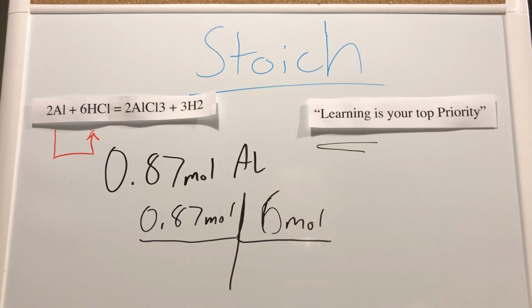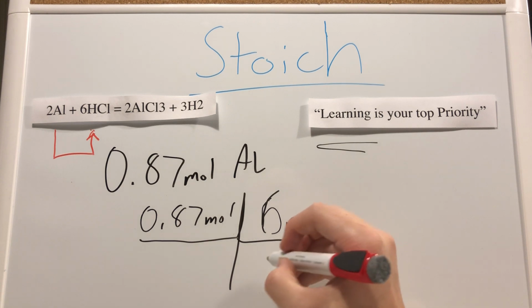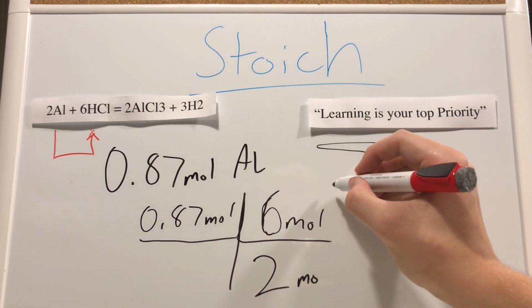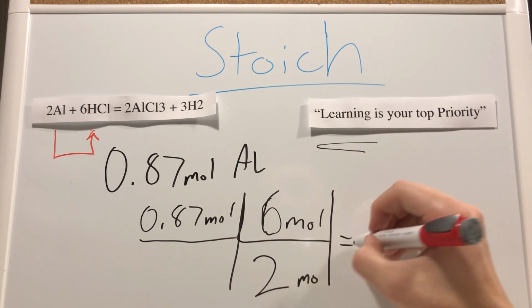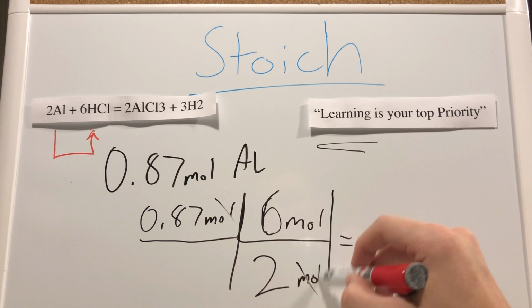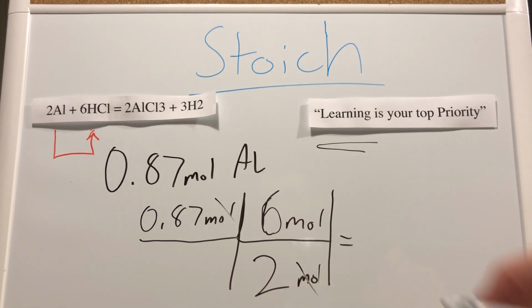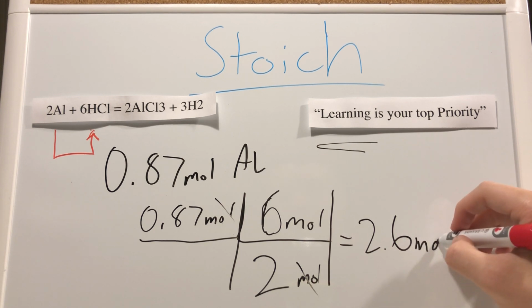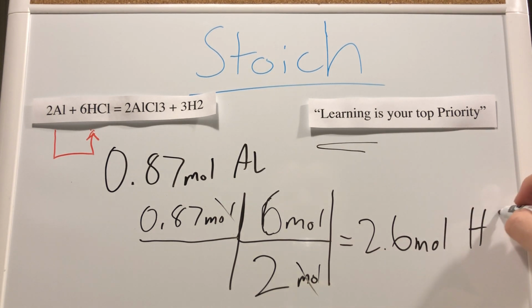And then we're going to put our coefficient for our aluminum on the bottom. So now, because these cancel out, you're just going to get 2.6 moles of hydrochloric acid.